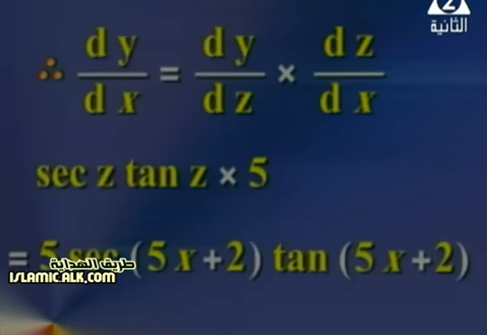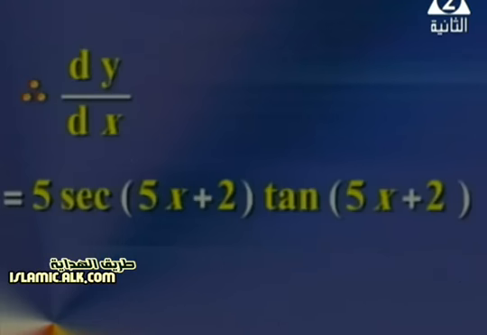Replace z equals 5x plus 2. This example is very important. Therefore, dear student, dy over dx equals 5 sec(5x plus 2) tan(5x plus 2).